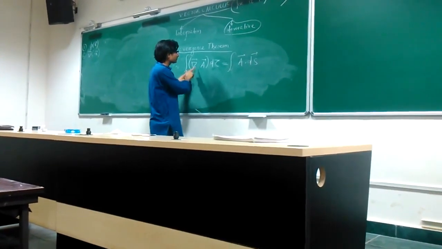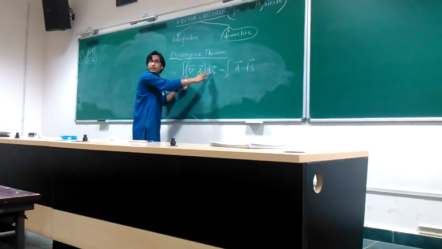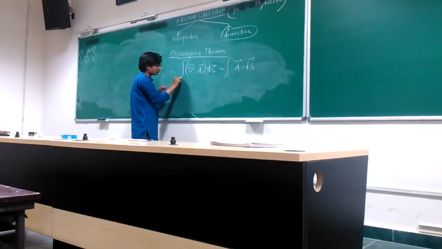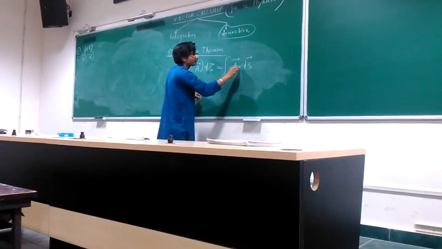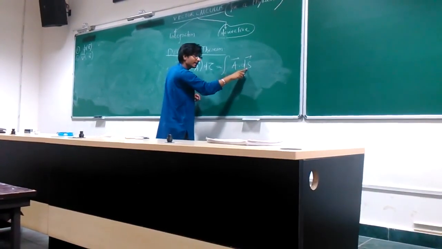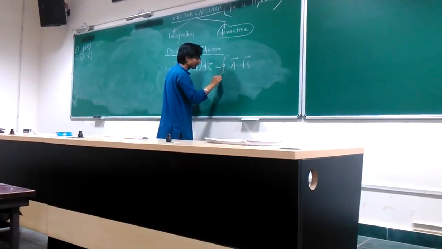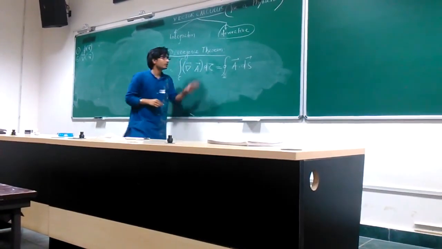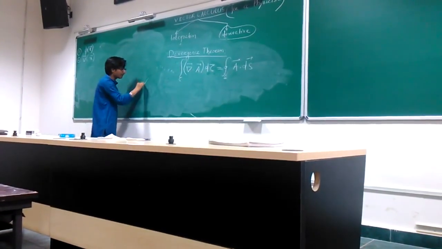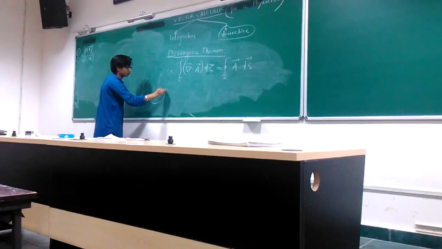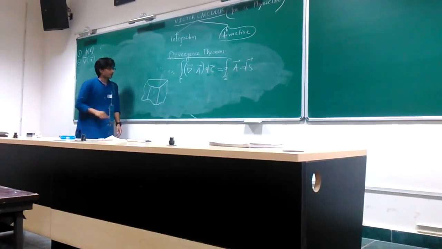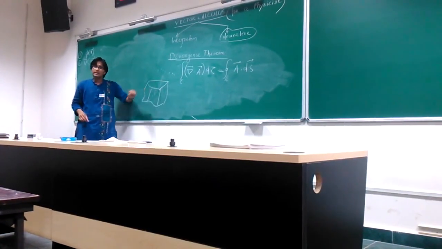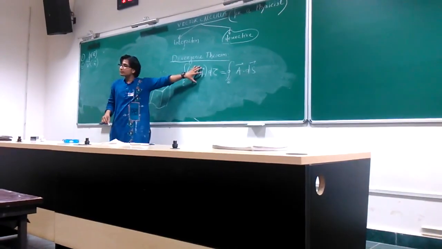So the divergence of a vector field in any volume tau is equal to the dot product of the vector field with the small area. I will define everything on the area. What does it mean? If I have a volume, then divergence is a function.